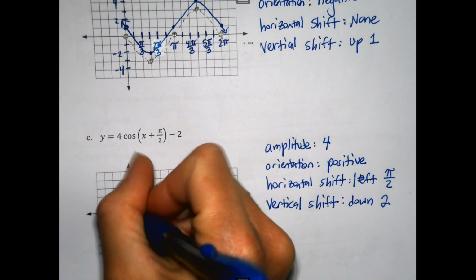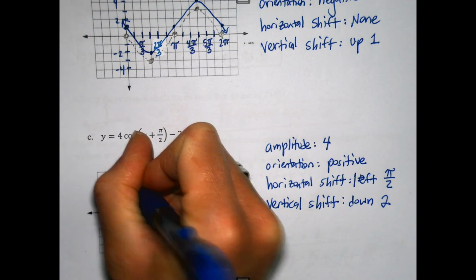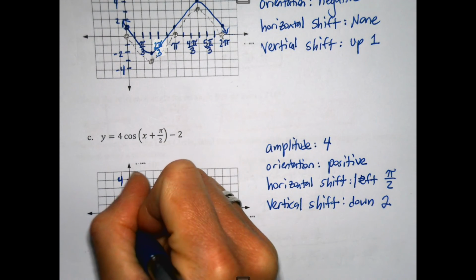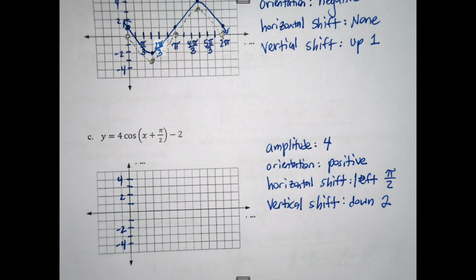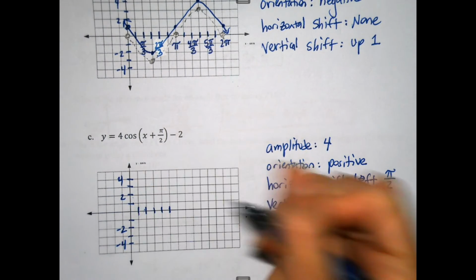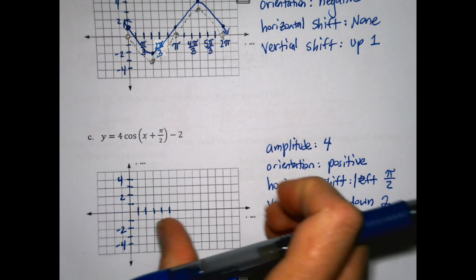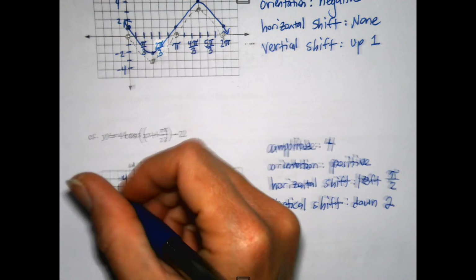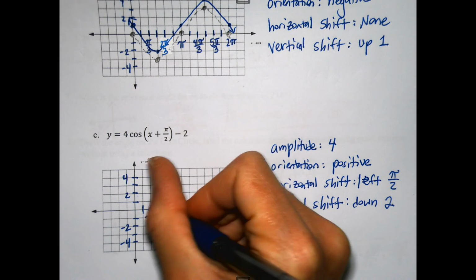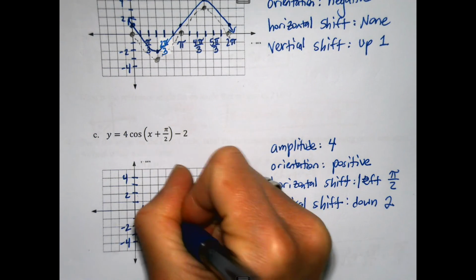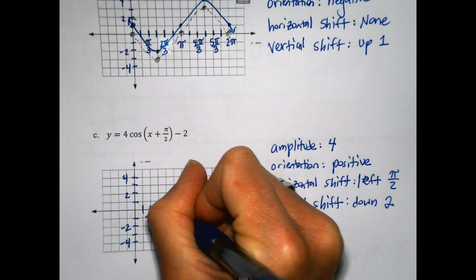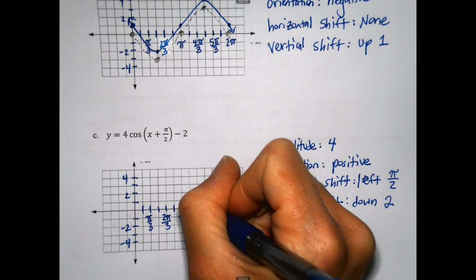I'm going to use 1s on my y-axis. And on my x-axis, I'm going to go by pi over 6. I could go by something else, but I want to use up good space. So pi over 6, 2 pi over 6 is pi over 3, 3 pi over 6, 4 pi over 6, which is 2 pi over 3, 5 pi over 6, 6 pi over 6 is pi, and so on.